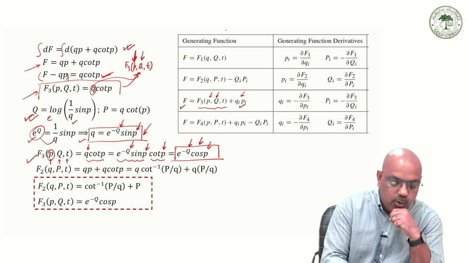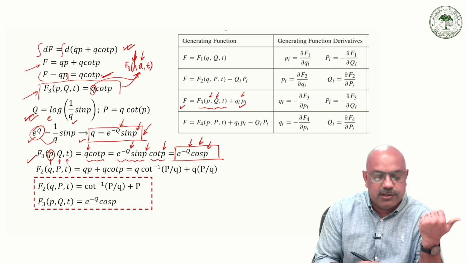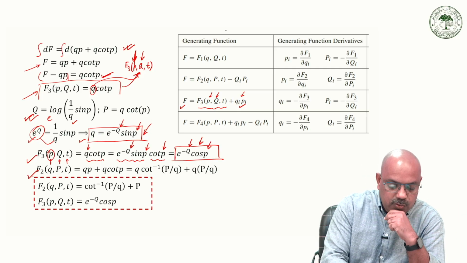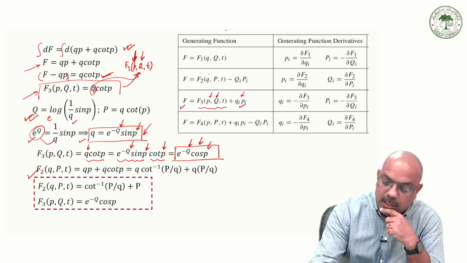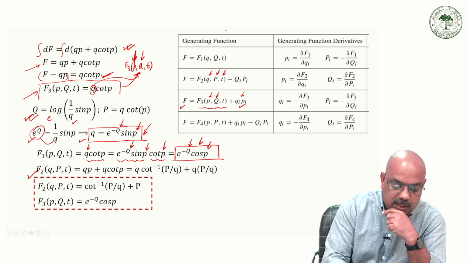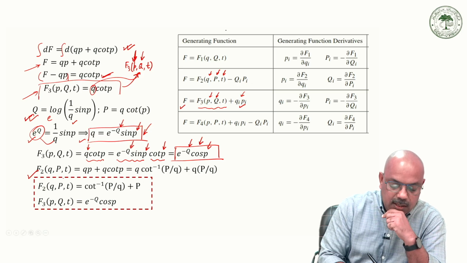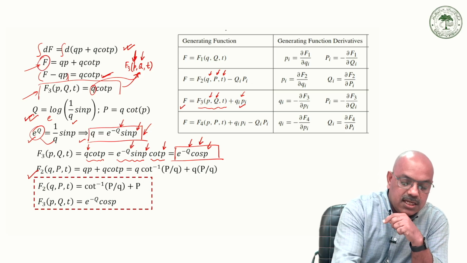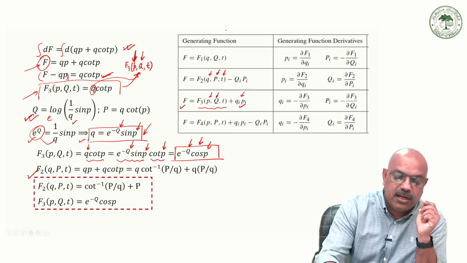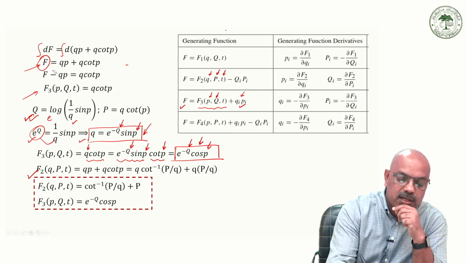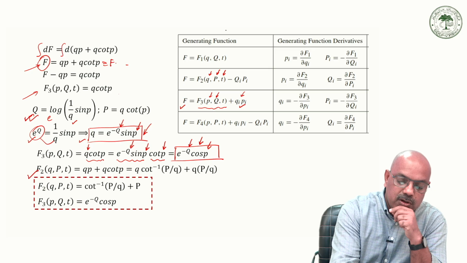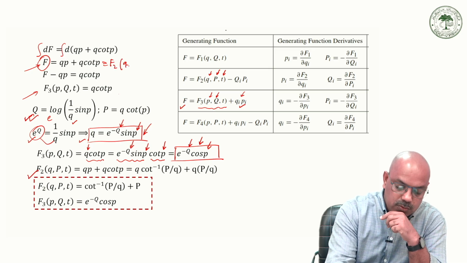For example, if I want the generator f2 for this transformation, my generator f2 depends upon q, p and t. So I have a small q, p and t. But f2 depends upon q, capital P and t.